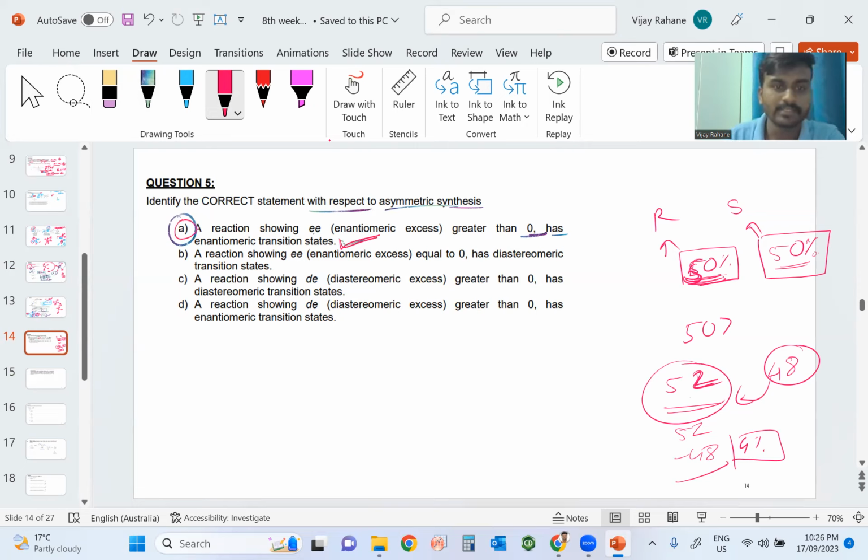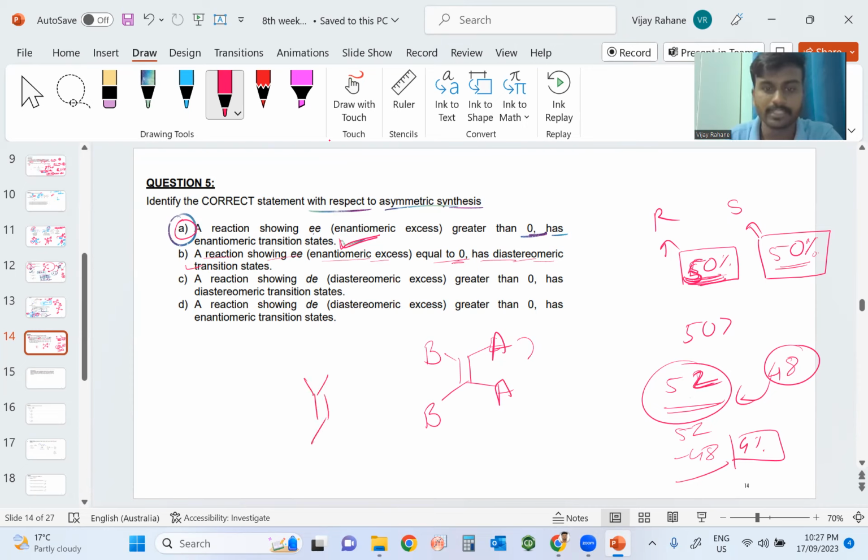This is the statement. The second statement is, the reaction showing enantiomeric excess equal to 0 has diastereomeric transition state. Diastereomeric means, let's say, this is an example of diastereomer, E and Z. Let's say it has one A group, it has B group. So this is, let's say here, syn type, right? Syn or cis, you can say.